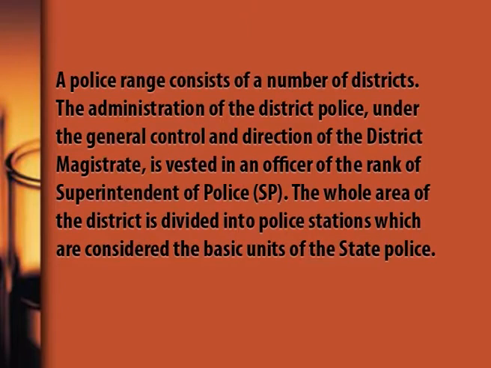A police range consists of a number of districts. The administration of the district police, under the general control and direction of the district magistrate, is vested in an officer of the rank of Superintendent of Police or SP. The whole area of the district is divided into police stations, which are considered the basic units of the state police.